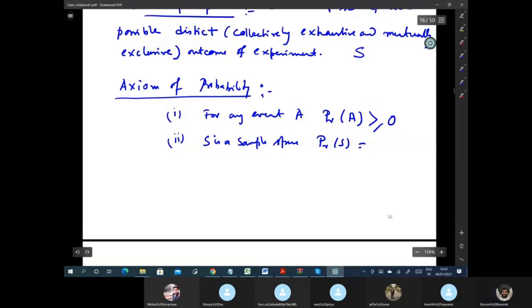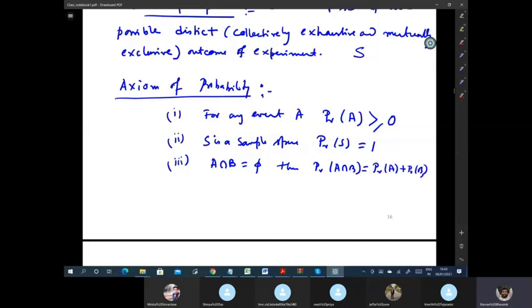And if A intersection B is a null set, then probability of A union B will be equal to probability of A plus probability of B.